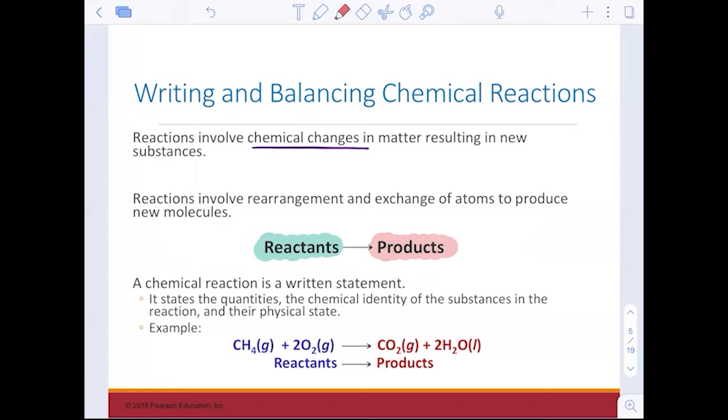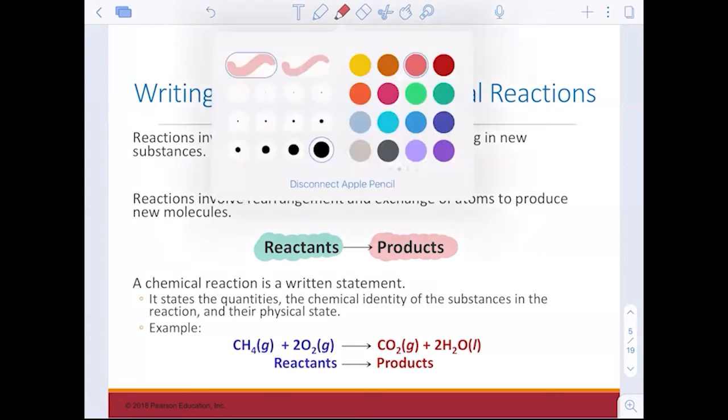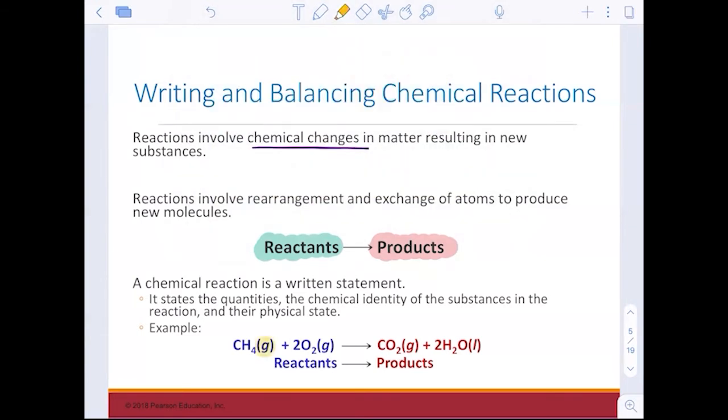So when we write a reaction, we should be able to read left to right. We should be able to read whether it's a molecule, or if it's a compound, or if it's an element. We should be able also, if you notice right here, the states of matter. G for gas, L for liquid, AQ will be for aqueous, we'll see that in just a second, and S would be for solid.